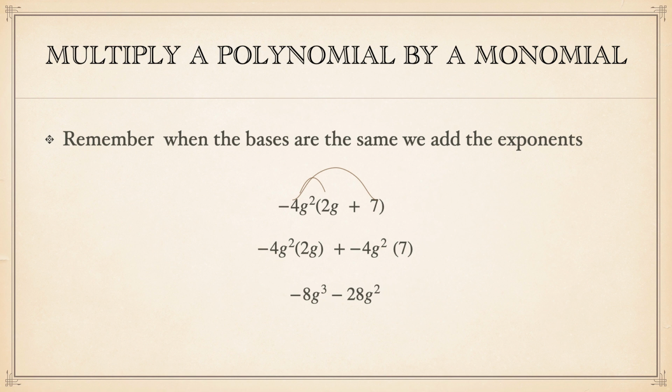And I'm going to take negative 4 times 2, and that's negative 8. G squared times g is g to the 2 plus 1, which is g cubed, plus negative 4 times 7, and that is negative 28, and g squared.